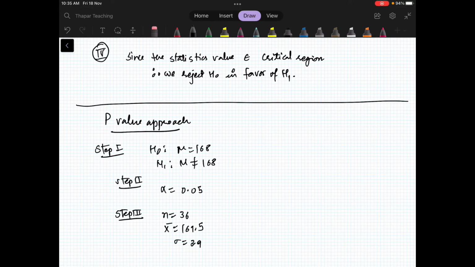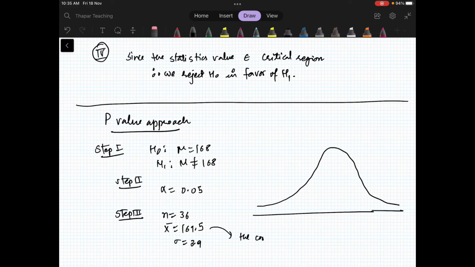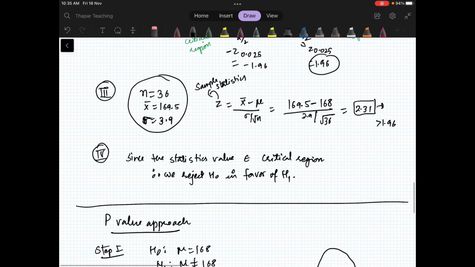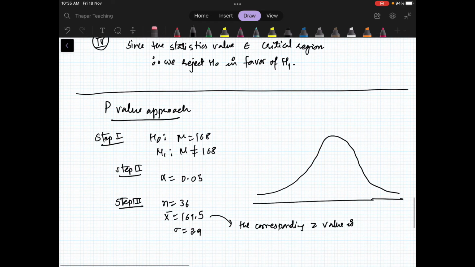Okay, so now what you have to do, you have to basically find out what is this probability, right? The corresponding z value is, we just saw, 2.31. So it means that you were expecting 0 to be your mean, but you are here at 2.31.